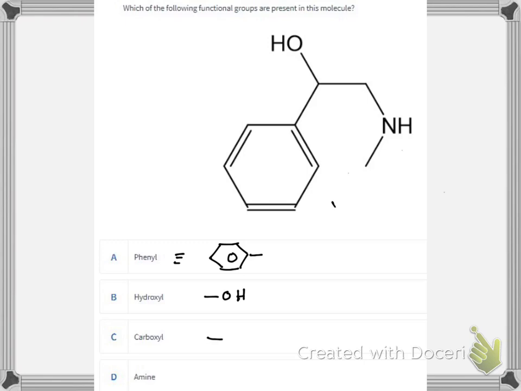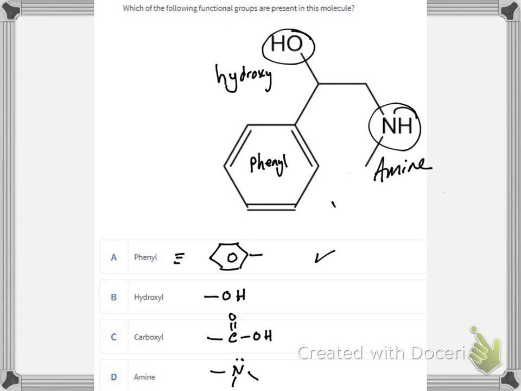A carboxyl group looks like a hydroxyl group, but it has a carbon double bond O, which affects its chemistry, and so we give it its own name, carboxyl. And an amine is a nitrogen group with 3 bonds and a lone pair. Okay, so we look at the molecule and say, yep, we have a phenyl, we have a hydroxyl, and we have an amine. So those would be the 3 functional groups present in this molecule.